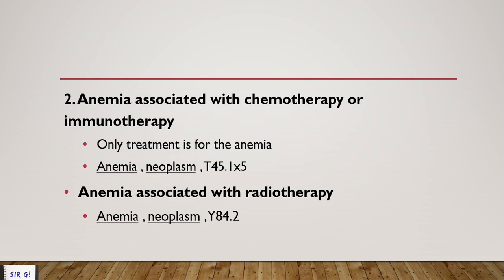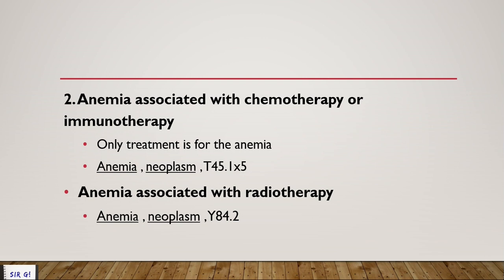Okay? Anemia associated with chemotherapy or immunotherapy. Remember, when there is chemotherapy or immunotherapy, the common complication is that the patient may suffer anemia. So if there's an anemia associated with chemotherapy or immunotherapy and the only treatment is for anemia, code for the anemia, followed by the neoplasm, and followed by your T45.1X5.